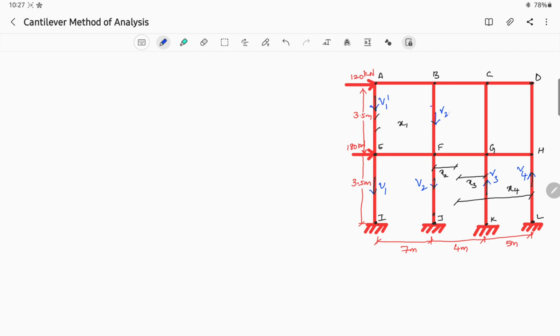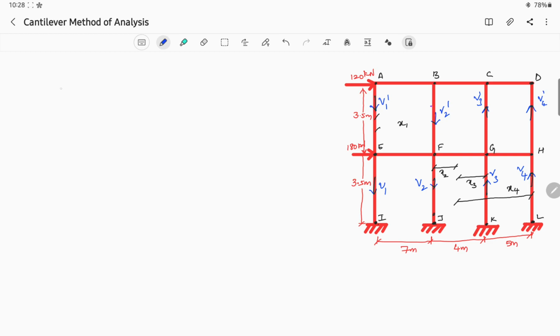V3 will go in upward direction, V3 dash, and again V4 will also go in upward direction, but V4 dash.